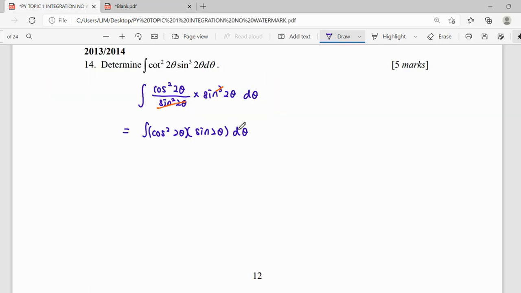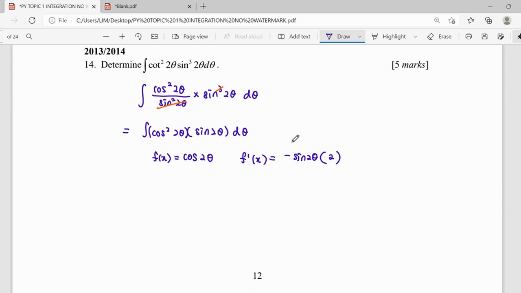Okay, so from here, we can see our fx. We can let our function be cos 2 theta. We try to differentiate. When we differentiate cos, we get negative sine, and when we differentiate its angle, we get 2.